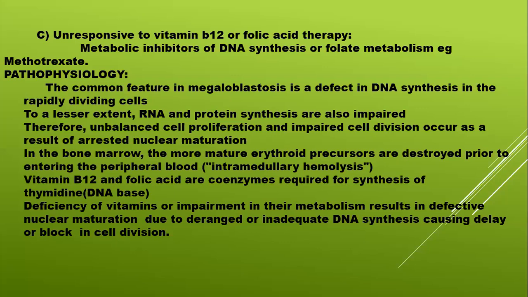This is intramedullary hemolysis. Vitamin B12 and folic acid are both coenzymes required for the synthesis of thymine, one of the 4 bases of DNA. So deficiency of these vitamins or impairment in their metabolism results in defective nuclear maturation due to deranged or inadequate DNA synthesis, causing a delay or lag in cell division.